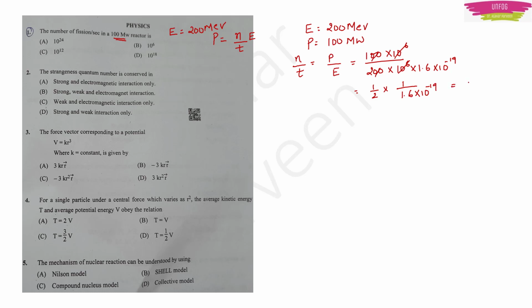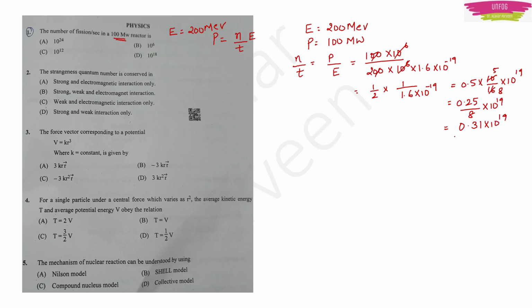This will give me 0.5 into 10 to the 19, and it will be 0.25 by 8 into 10 raised to 19, or 0.31 into 10 raised to 19.